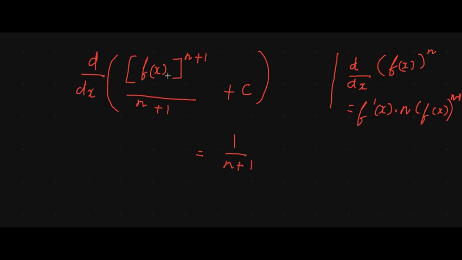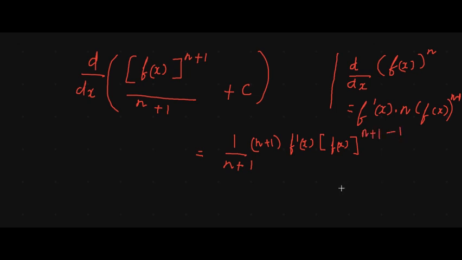So if I apply that, instead of n, I have n plus 1. You see that? So that will be n plus 1 multiplied by f prime of x, that multiplied by f of x to the power of, so instead of n you have n plus 1, so when I say n minus 1, it is n plus 1 minus 1.